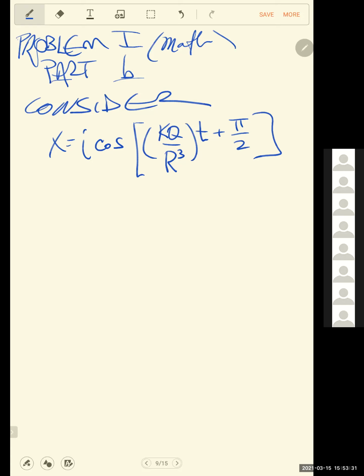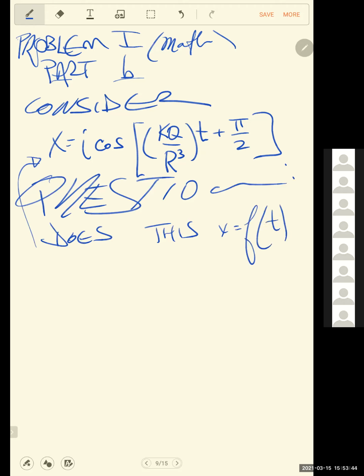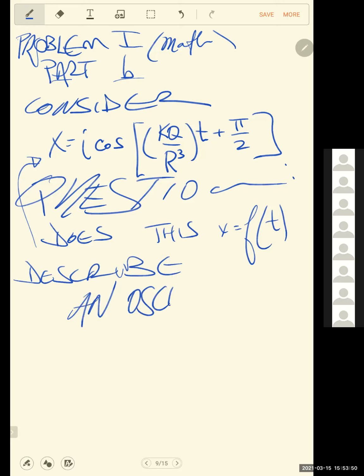And so the question, and this is a subtly different question now: does this position function describe an oscillator? Now I try to emphasize this in the solutions too.